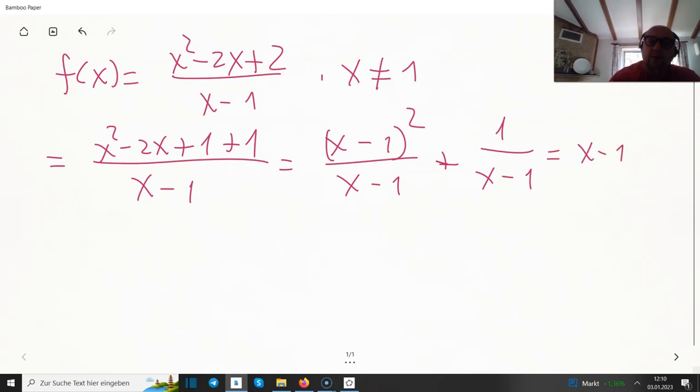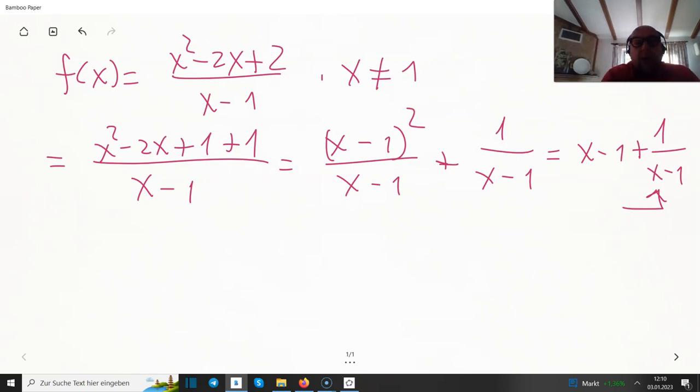This is x minus 1 plus 1 divided over x minus 1. And now you can immediately see x minus 1 by itself would be a simple function, but because of the division by x minus 1 in the denominator here, we're having some troubles.